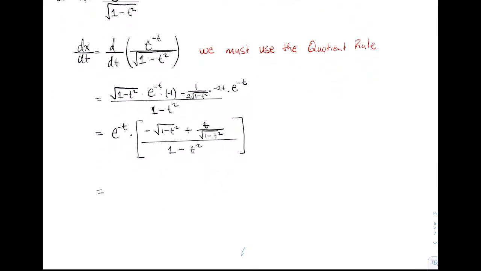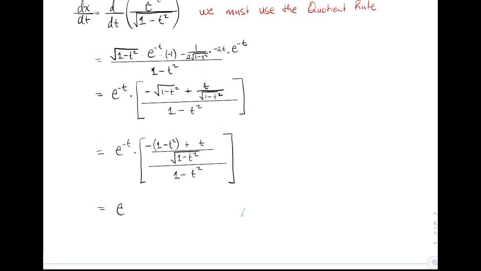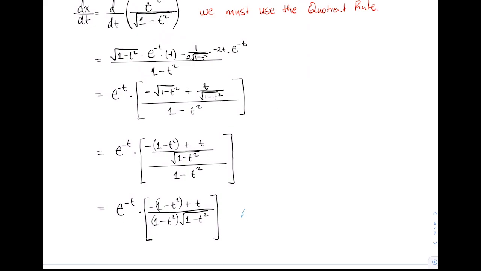This gives us e to the minus t times the negative of 1 minus t squared plus t, all divided by the square root of 1 minus t squared, tidying up our numerator there, which leaves us with 1 minus t squared still as our denominator, which then simplifies further to e to the minus t times the negative of 1 minus t squared plus t, all divided by 1 minus t squared times the square root of 1 minus t squared.